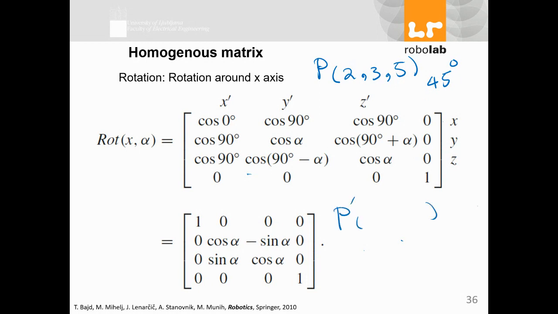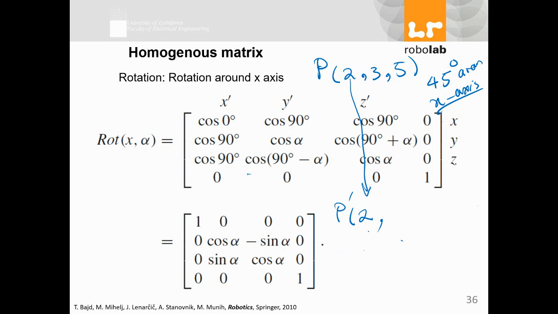Can you do the calculation, please? So this point P prime, 2, 3, 5 after rotation. Okay. X, do you expect any change in X? Around the x-axis, no change. 2. Okay. So the only other two we change are 3 and 5, and we have to do the calculation for those.